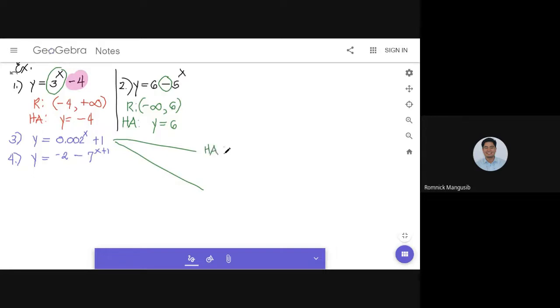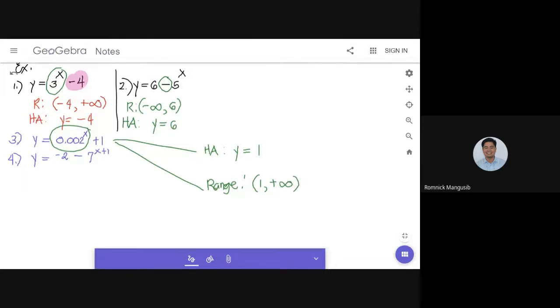So the horizontal asymptote is get 1, equate to y. Y is equal to 1. Second, the range for number 3, we can see here it is positive. We don't see any negative symbol. And we start from 1 and then we increase infinitely. I don't mean we start from 1, I mean greater than 1.